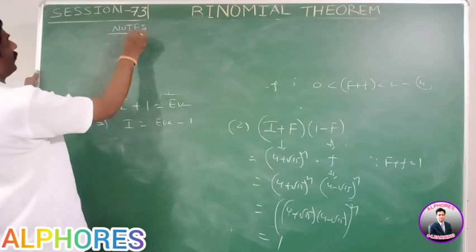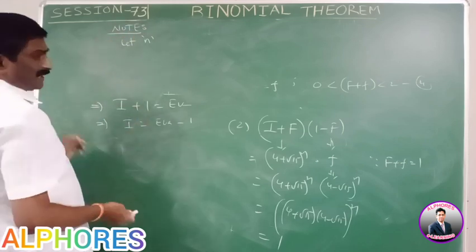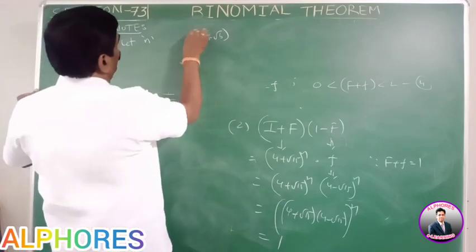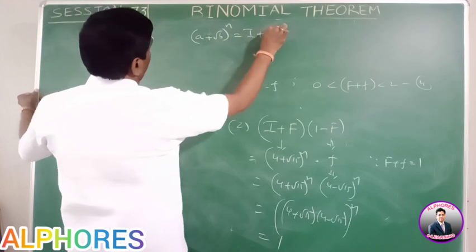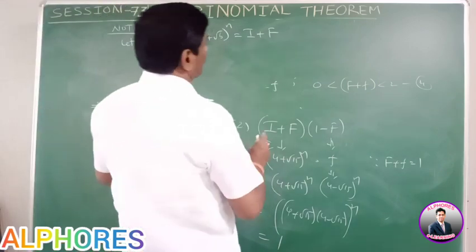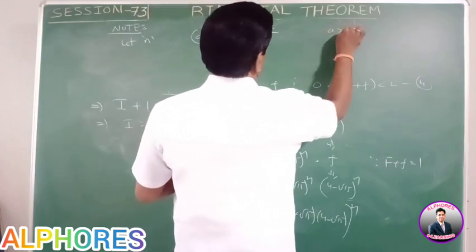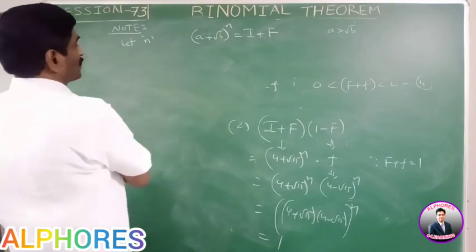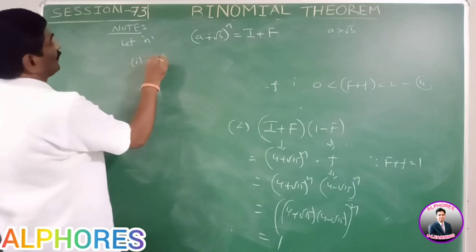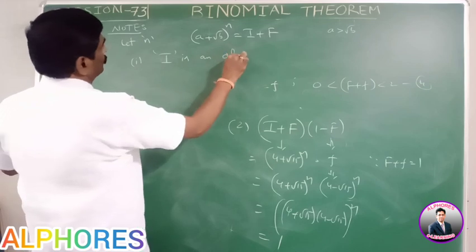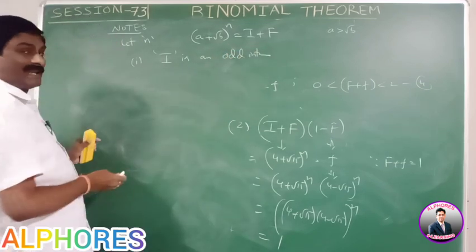Let n be a positive integer and (a plus root b) whole power n is equal to I plus capital F, where I is an integer and F is the fractional part, such that a is greater than root b. Then first one, I is an odd integer.